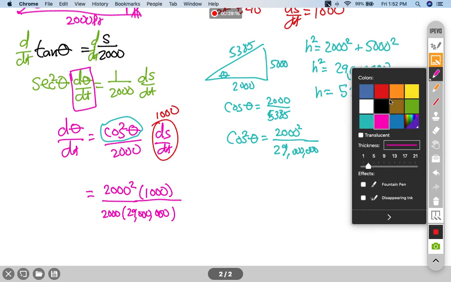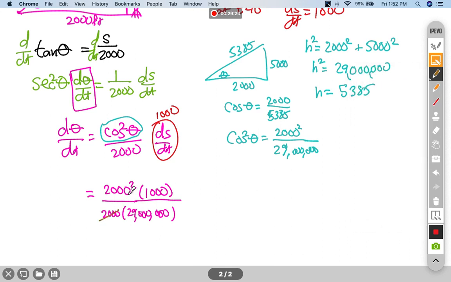That looks good. I can cross out one of the 2,000s, and cross out some of the 1,000s and the zeros. I end up with 2 over 29, or approximately 0.069. And this unit is going to be in radians per second.